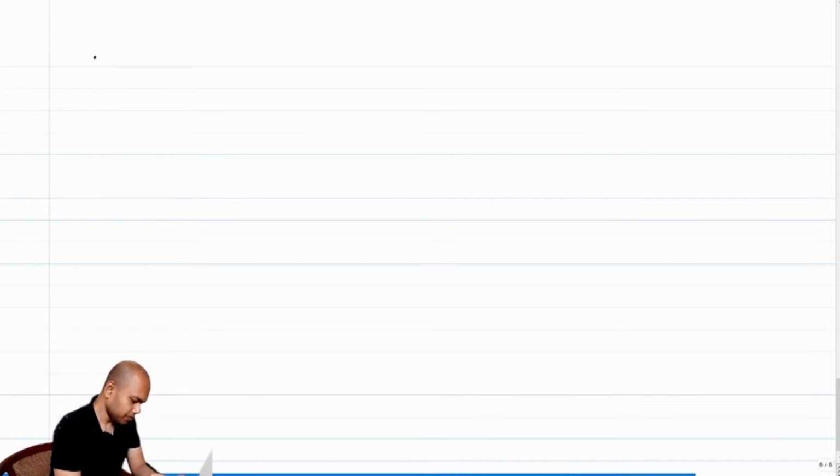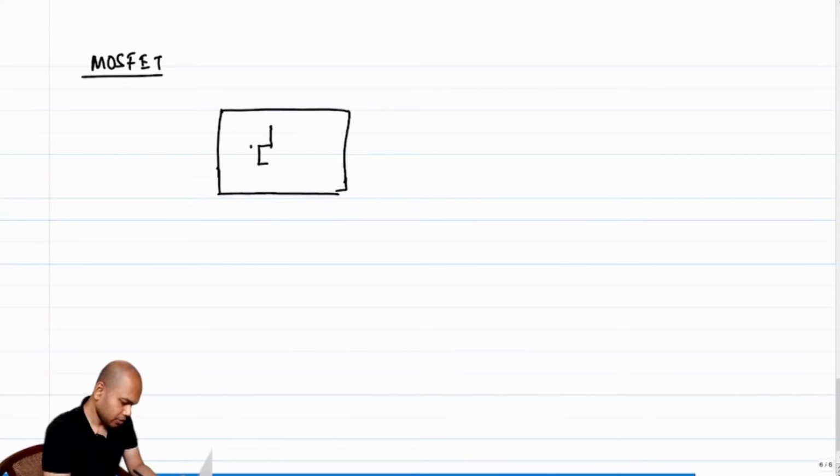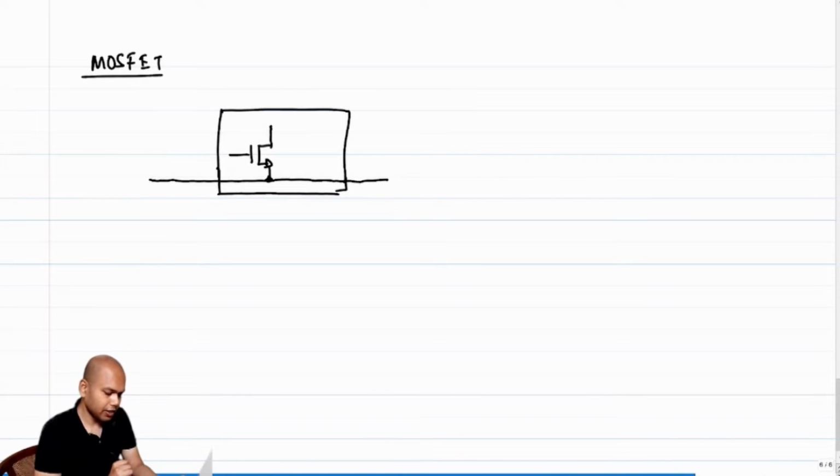As it turns out, inside this two-port network, we assume that we have a MOSFET, and we further assume that one terminal of the MOSFET is shared between the input and the output.